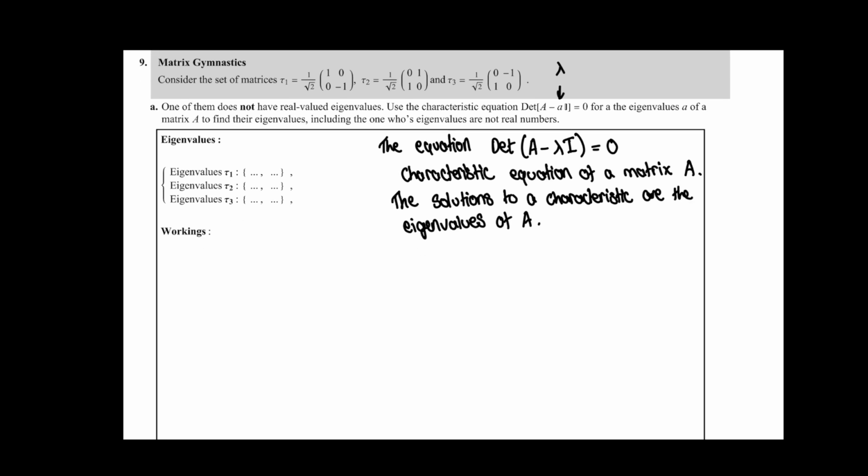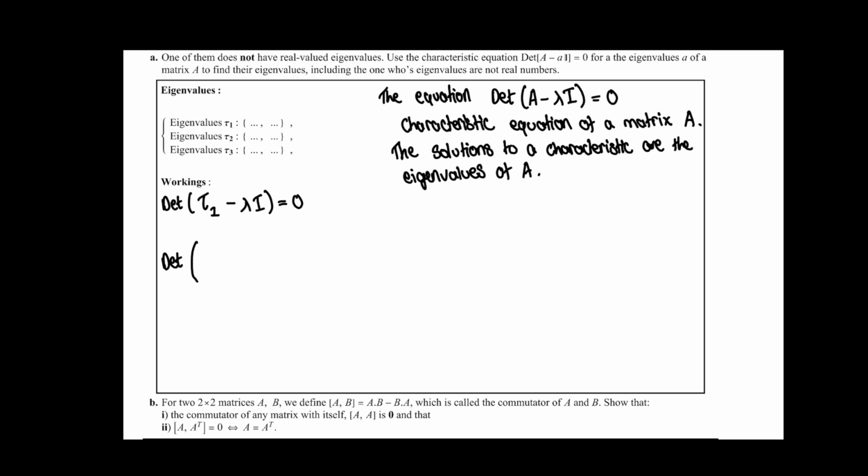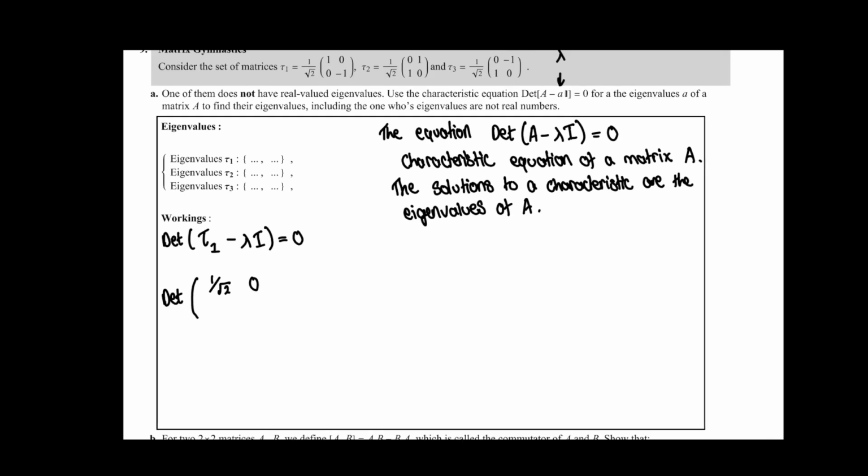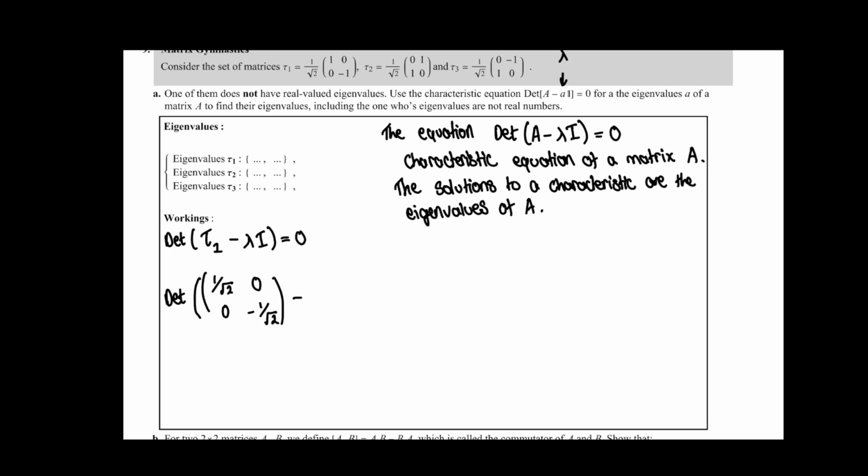So if we use this formula for tau1, we will get the determinant of tau1 minus lambda times the identity matrix is equal to 0. If I now write in the matrix, we get 1 over root 2, 0, 0, minus 1 over root 2, minus lambda, 0, 0, lambda is equal to 0.